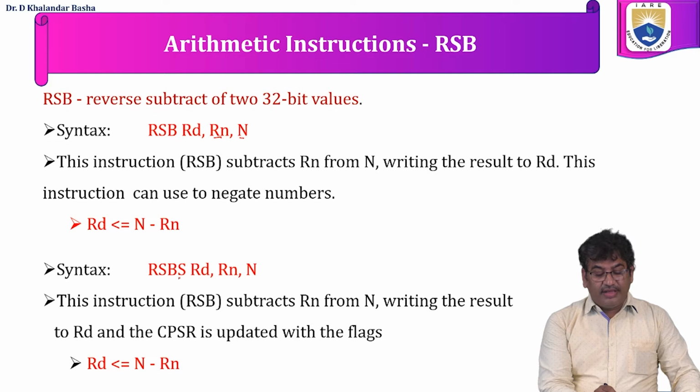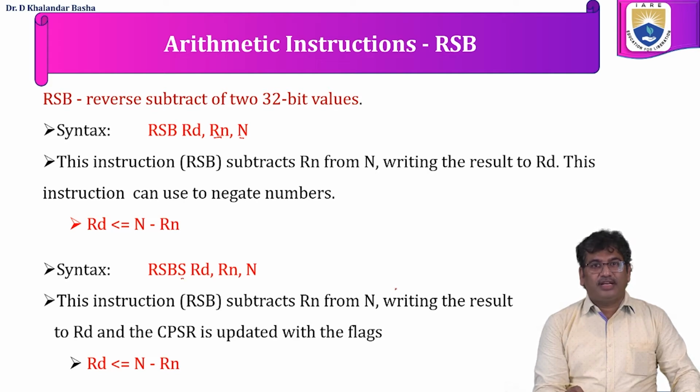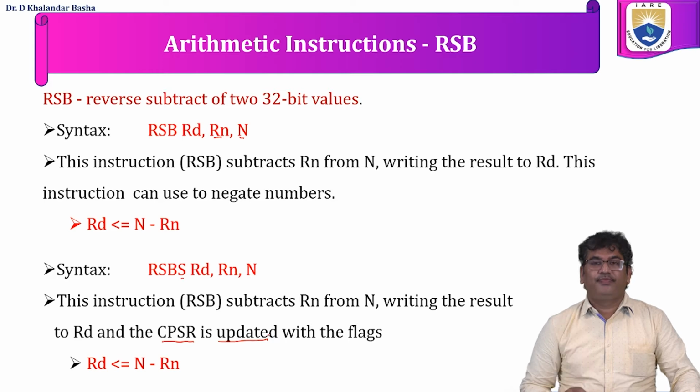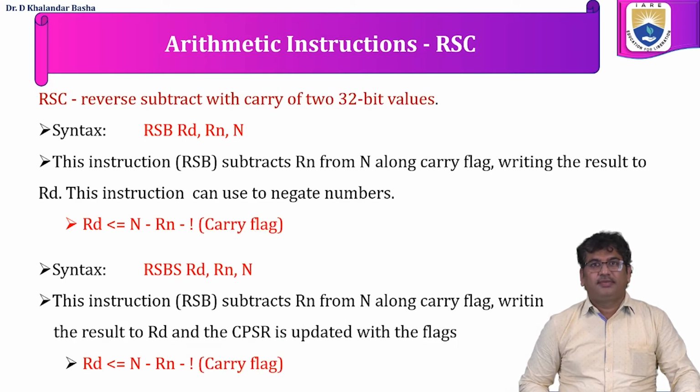Whereas if you add the suffix S, it is a reverse subtraction with update of CPSR, which we write as RSBS RD, RN, N. This instruction subtracts the contents of RN from N, the result is stored in the RD register, and it updates the CPSR register based upon the result.